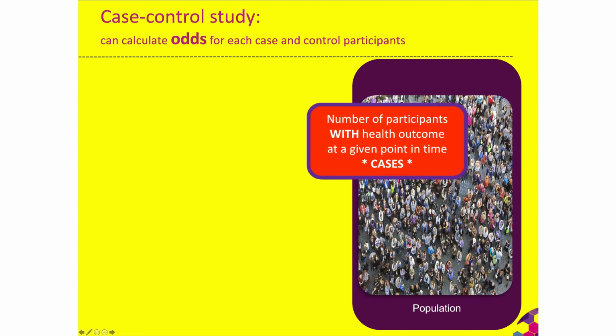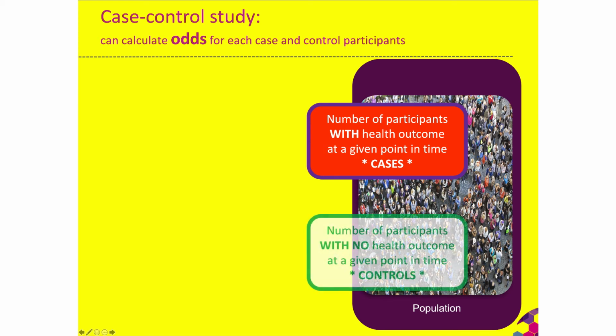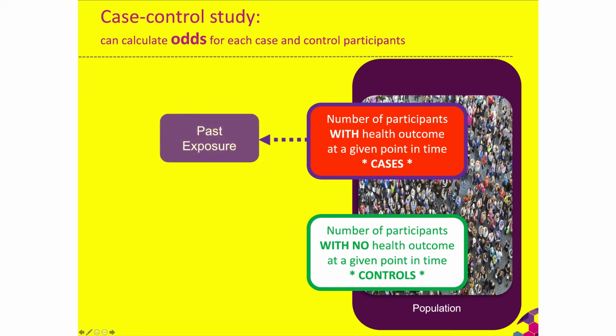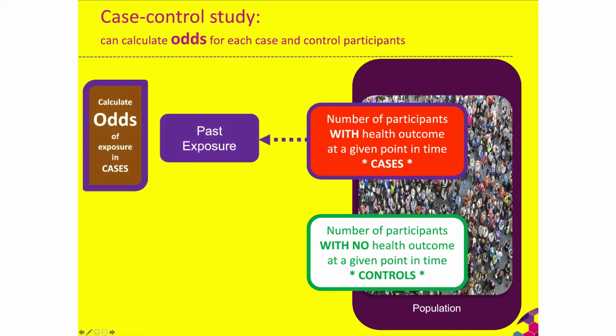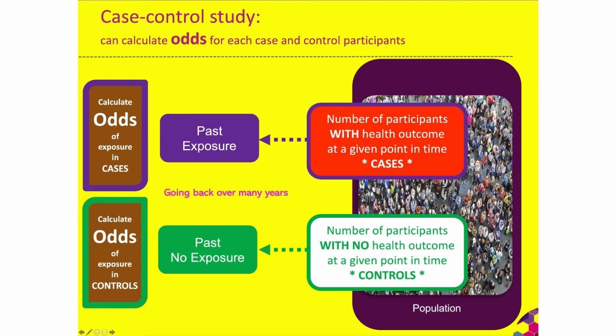So we start with the number of participants with the health outcome at a given point in time, the cases. We then get a group of participants with no health outcome at the same point in time, and these are our controls. And then we look back in time, we look at their past exposures, and we calculate the odds of exposure in cases. And we calculate the odds of exposure in the controls.